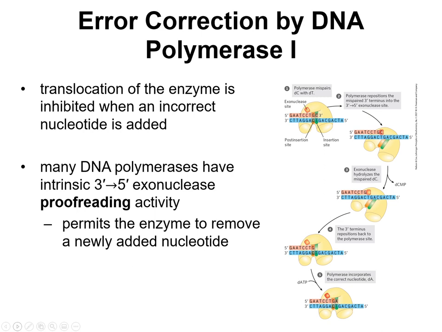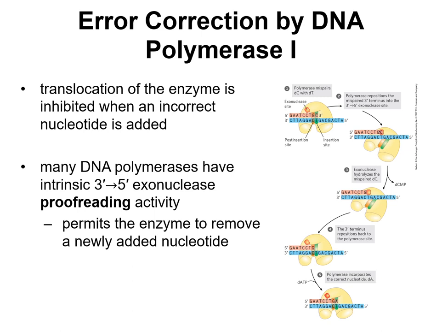So on the right, that's what we're showing here. So let's say that we added a C opposite of a T, and we know that's wrong. The exonuclease site, which is a different site from where you have the reaction going on where you're adding on to your DNA chain, recognizes this mismatch.